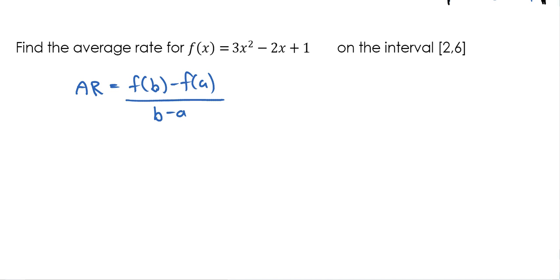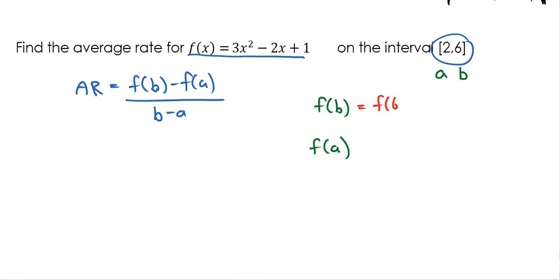Okay, and I want to find the average rate for this function on the interval 2, 6. So 2 is going to be my a value, and 6 will be my b value. So I want to evaluate f of b, and I also want to evaluate f of a. So f of b in this case is the same thing as f of 6. So if I evaluate f of 6, that means I need to plug in a 6 for all my x's here.